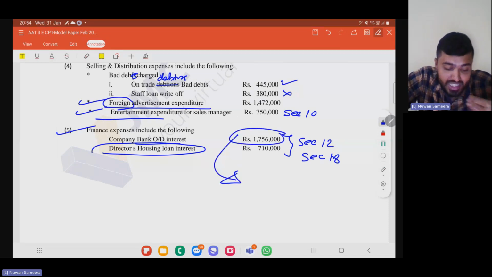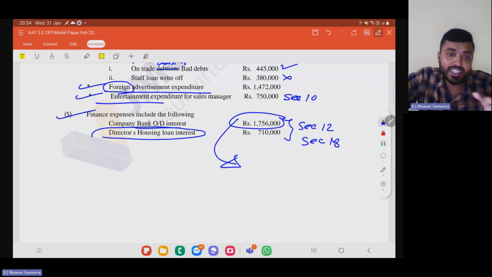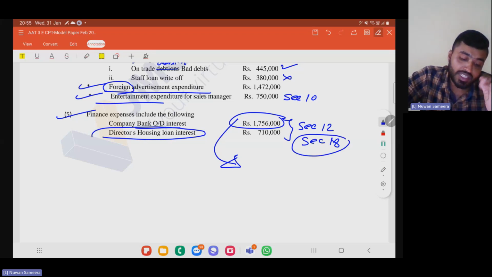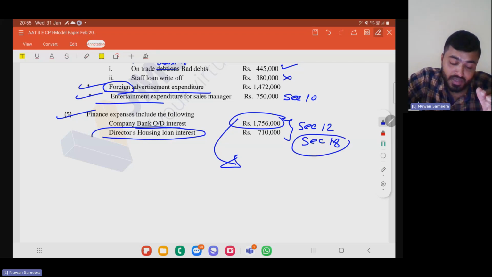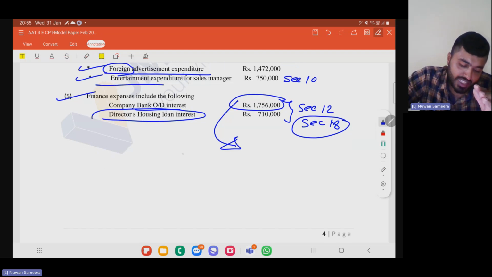Then if it is allowable under section 12, if that interest is incurred for the production of business income, it is normally allowed under section 12. If the expense is allowed under section 12, you have to use section 18 to calculate the maximum level of allowable finance cost. How can you calculate the maximum limit of finance cost?